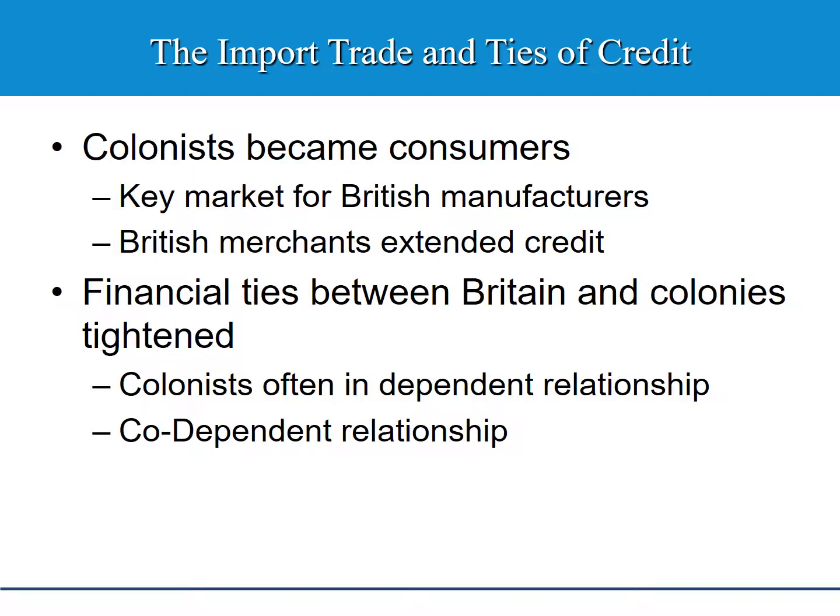Another aspect of mercantilism and the Navigation Acts was that the colonists also became consumers of British goods, because also under the Navigation Acts, the colonies were restricted from buying anything from other countries except Great Britain. So anything they needed to purchase had to go through Great Britain first.